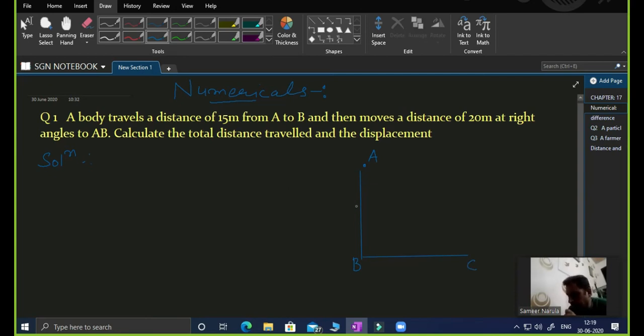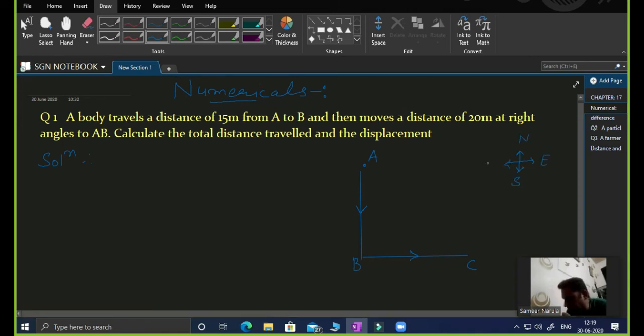Now we make it clear what the direction is all about. First of all, I make a direction chart also. This is your north, this is your south, this is your east, this is your west.